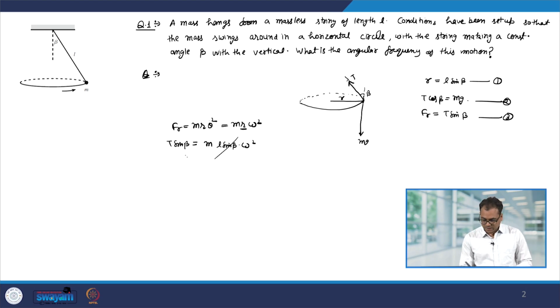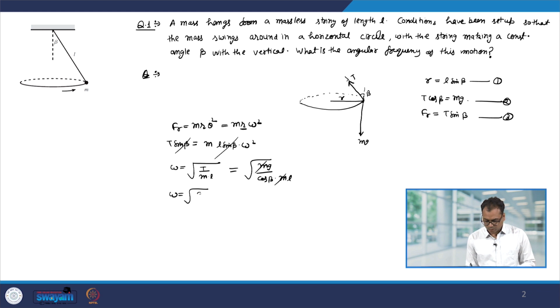So, sin beta will get cancelled, and you get omega equal to square root of T over m L. Now, I can rewrite this because from equation number 2, T is mg over cos beta. So, T over m L is mg over cos beta into m into L, and m will get cancelled. We get omega equal to square root of g over L cos beta.